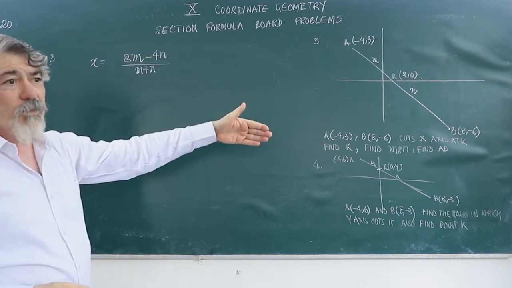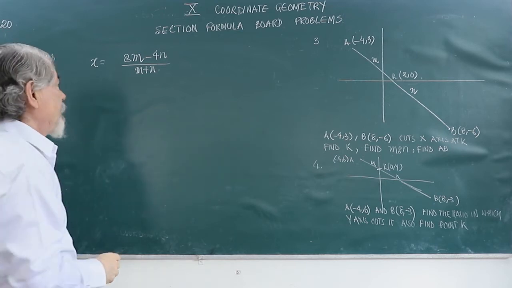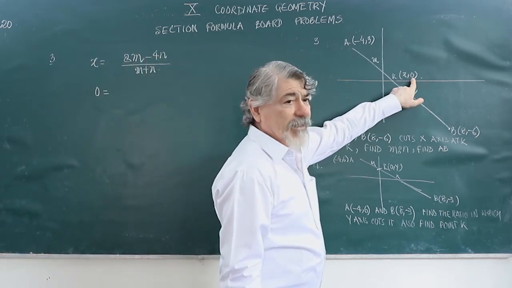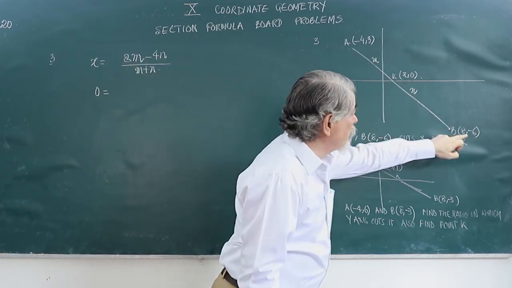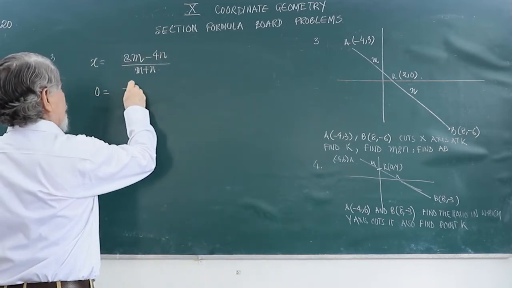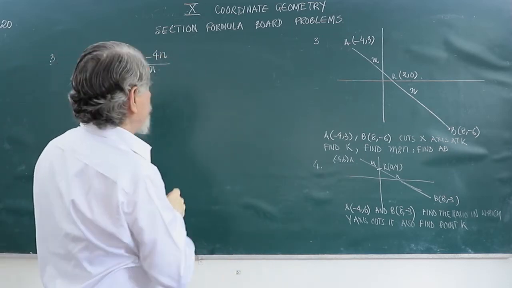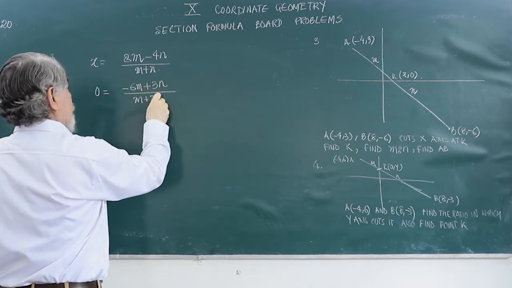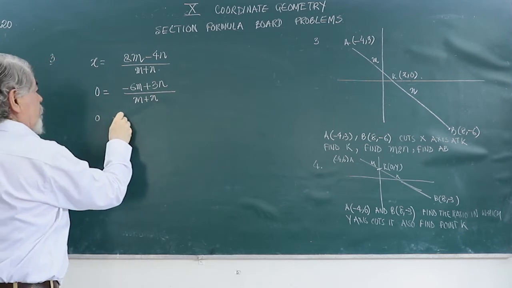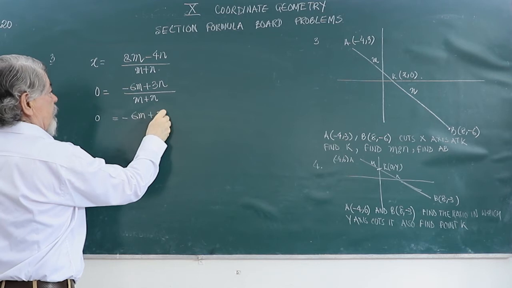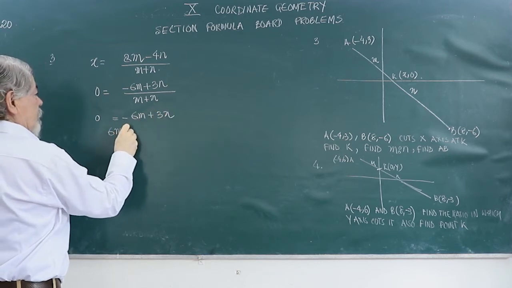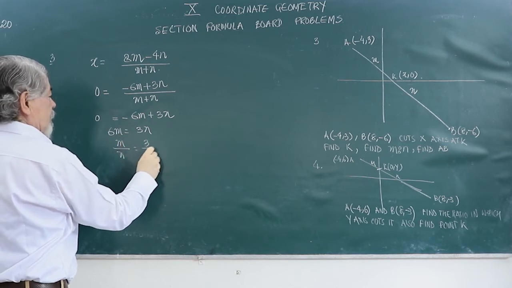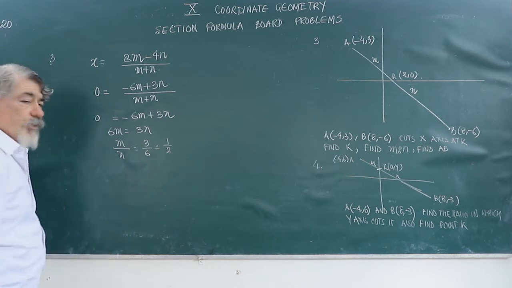We will get m and n from the y coordinate, because the y coordinate is 0 as the point lies on the x-axis. So m into minus 6, minus 6m plus 3n, upon m plus n equals 0. When we cross multiply, we get 6m is equal to 3n, or m upon n is equal to 3 upon 6, which is 1 upon 2. The ratio is 1 is to 2.